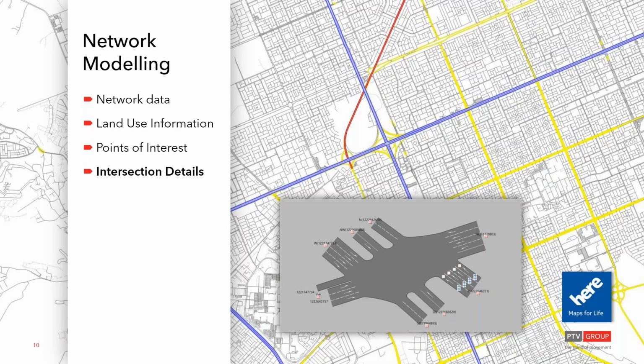Normally every link comes with a number of lanes, but inside the intersections it is also interesting to see how many lanes are turning right, how many are turning left, how they are connected with each other, and how the traffic is actually going on that intersection. That might be interesting information for simulation-based assignment, or for export of the data into Visum. What you see here is a little Visum preview window showing one intersection.